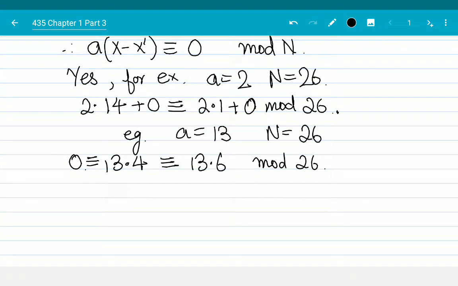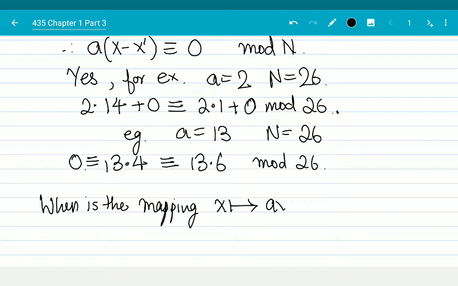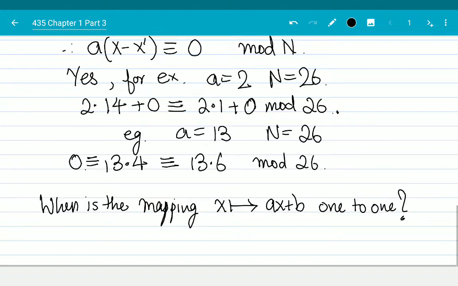The question is, when does it exactly fail? And so the idea is, when is the mapping x goes to ax plus b 1-to-1? A 1-to-1 map.